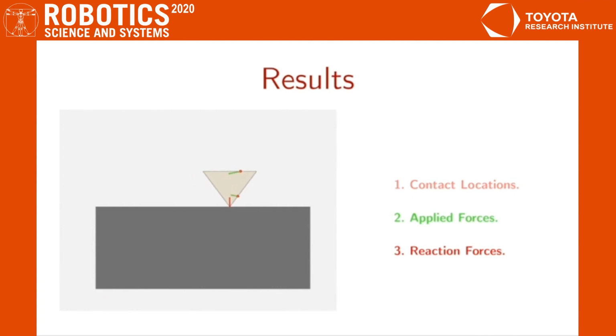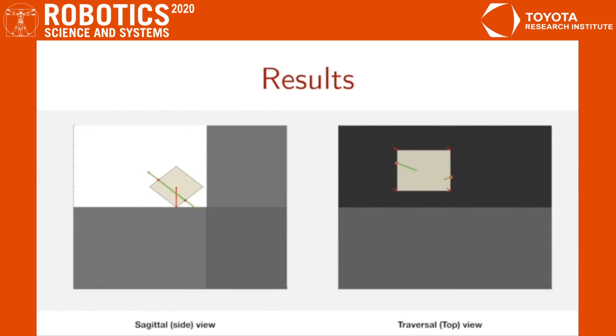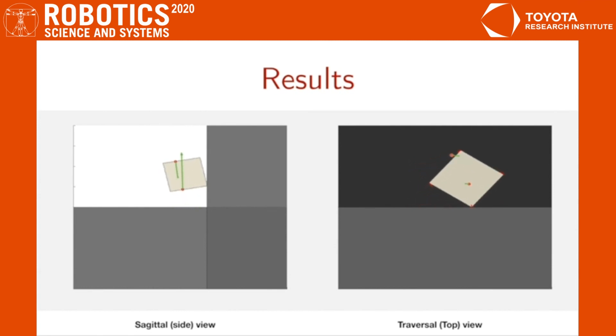We also demonstrate how this method can be used to generalize trajectories to different sets of objects, including non-convex polygons. Likewise, we can generate trajectories that are long horizon and involve complex interactions with the environment and the robot, both in sagittal settings, that is, side views, and in top-down planar settings, where friction is happening with an entire object.